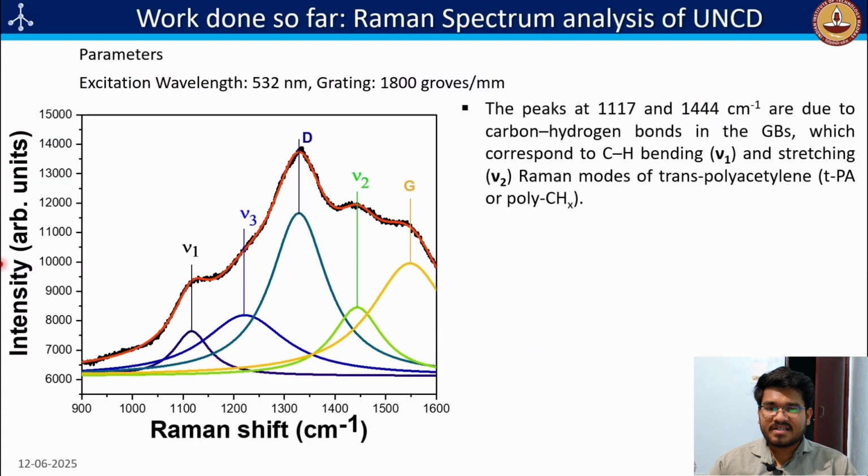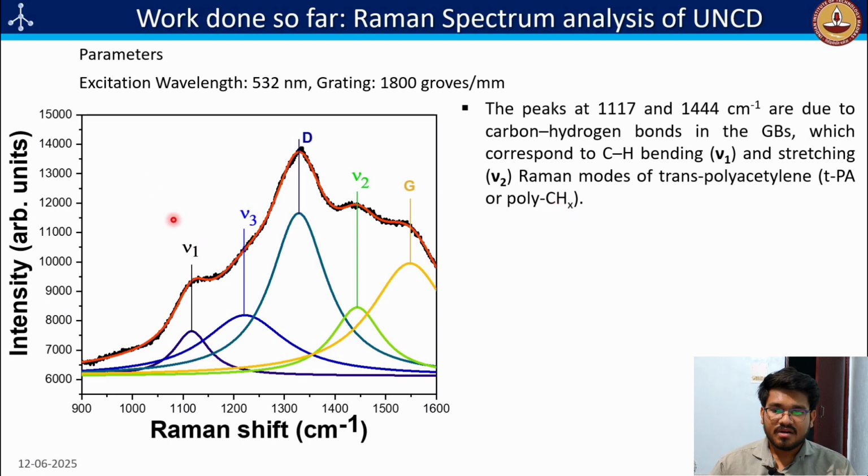This is the Raman spectrum analysis. I have used excitation of about 532 nanometer and a grating of 1800 grooves per millimeter for better resolution. And there are certain peaks. This peak here is mainly due to the carbon hydrogen bond stretching in the grain boundaries and some trans-polyacetylene, that is CH2 CH, in the grain boundaries.